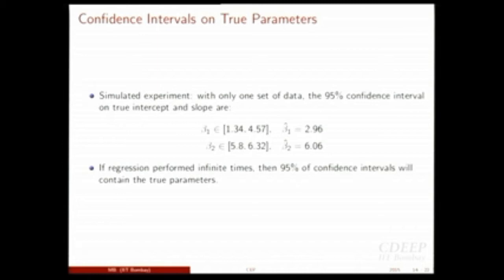However, for your true parameter, notice the difference in notation: beta 1 indicates the true parameter and hat indicates your estimate. I don't know the true parameter; in the simulation case I know, but if you just give me the data I would not know it. So while my estimate of intercept and slope is this, based on this estimate as well as the fit errors, the residuals, I am 95% sure that the true parameter is in this range. The true intercept is in this range and the true slope is in this range, 5.8 to 6.32.